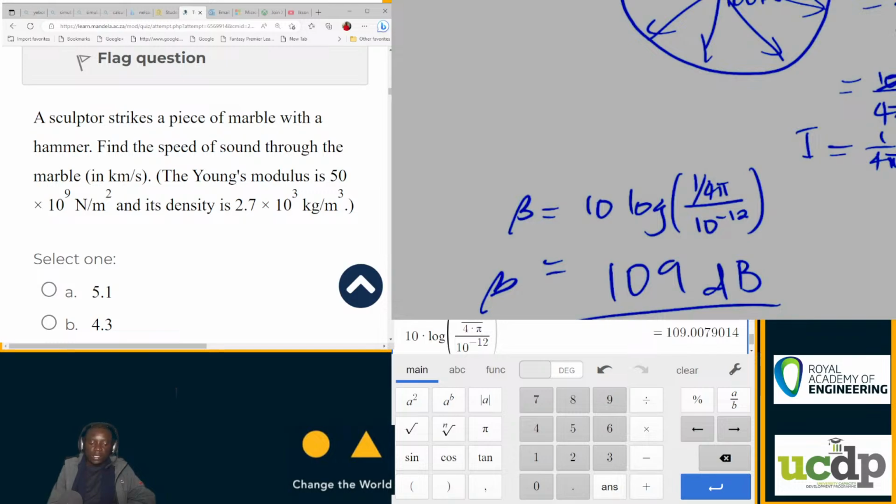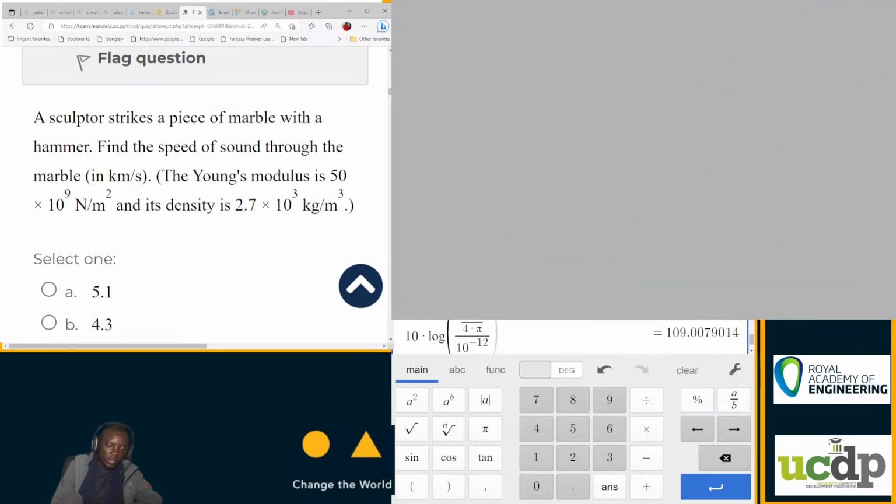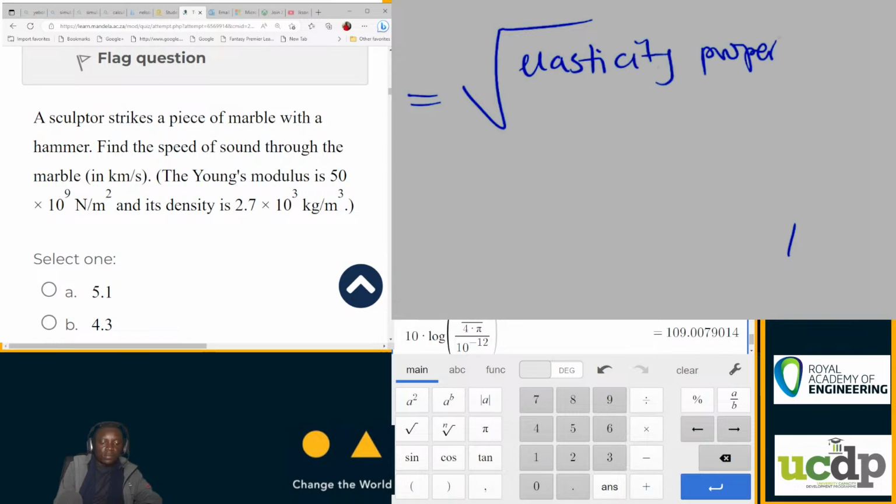So V is equal, there's this formula which you should always remember, whether it's in fluid or in solids: V is equal to the root of the elasticity property over the inertial property.